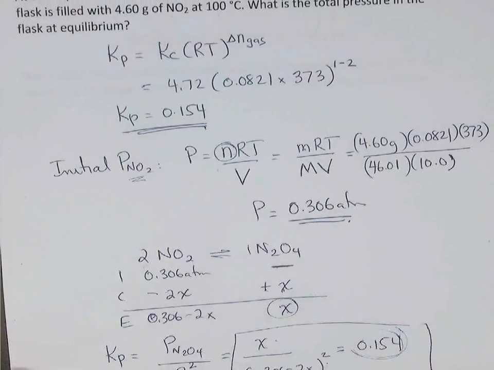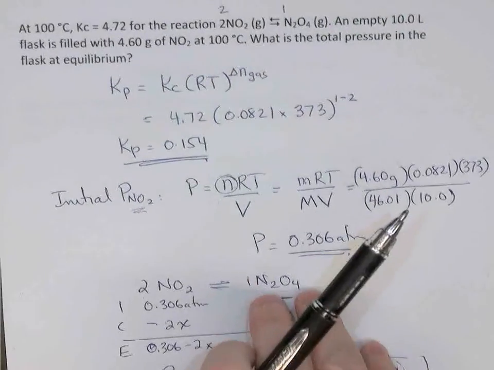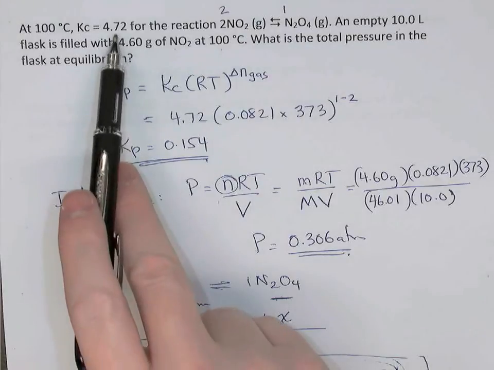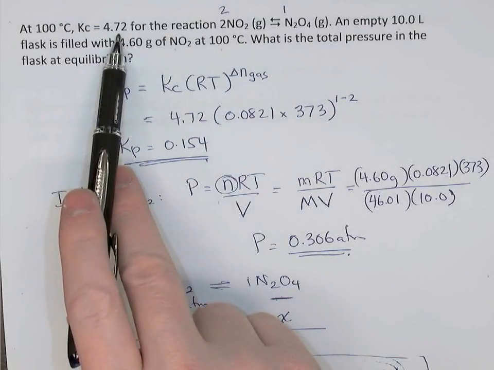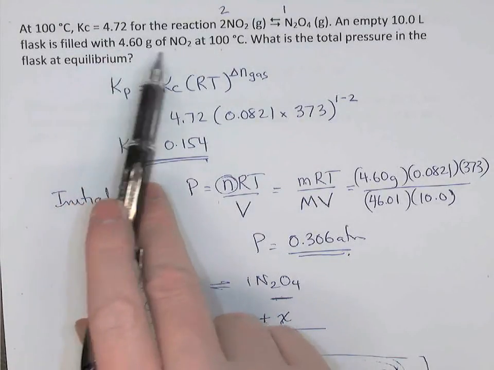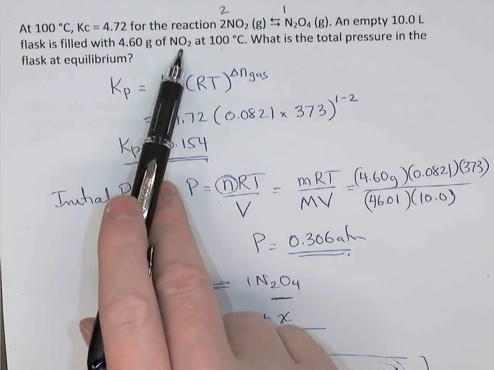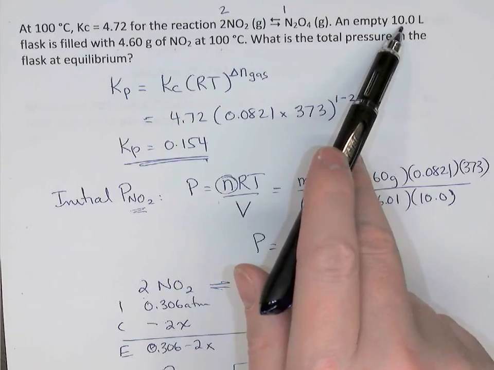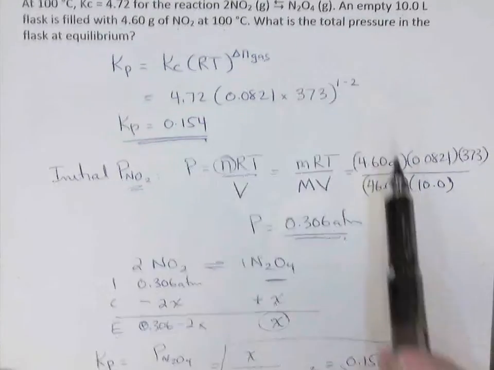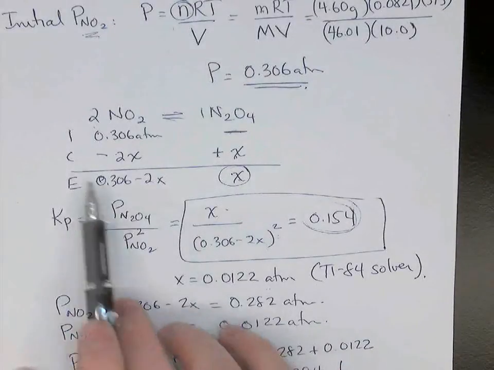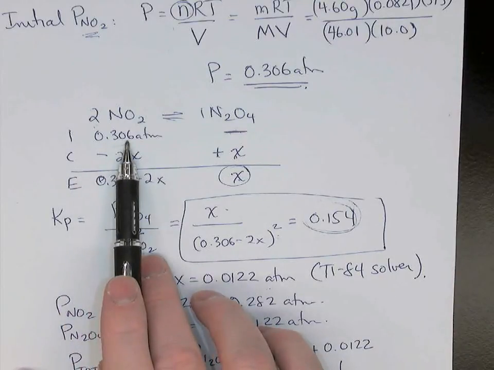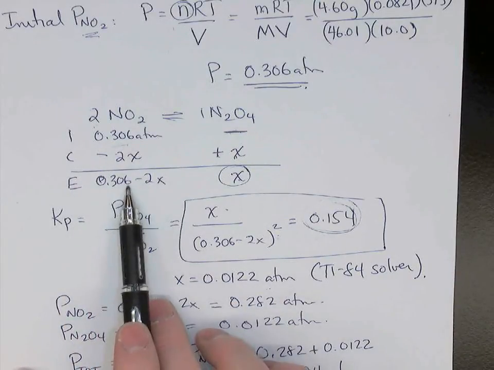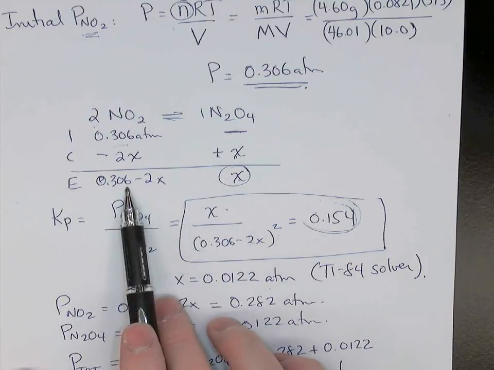The other way to approach it, again, just in case you did it the other method, would have been to use the Kc value. Then we would have taken the mass of NO2 and converted it to moles, used the volume to find the initial concentration of NO2, and now coming back to our ice table, we would have used concentrations in here and found the concentrations at equilibrium.